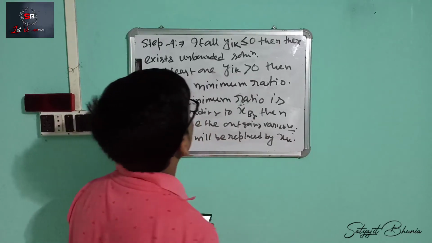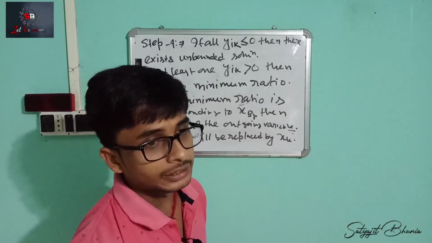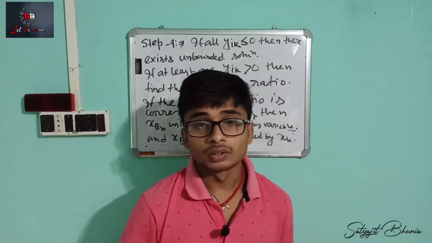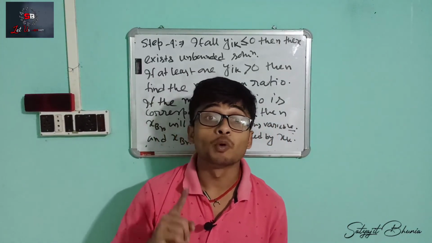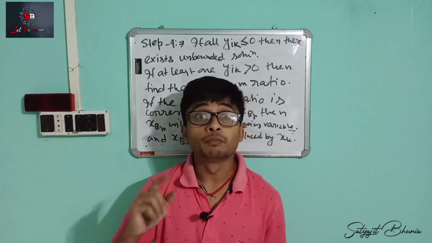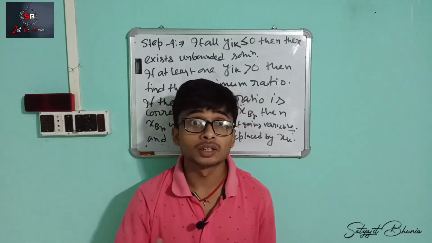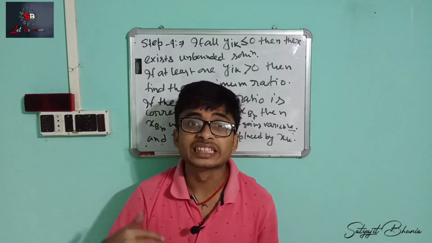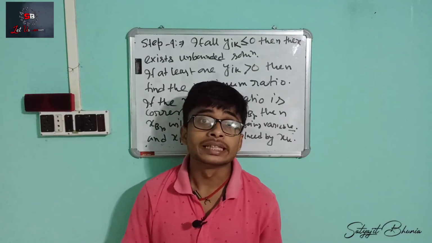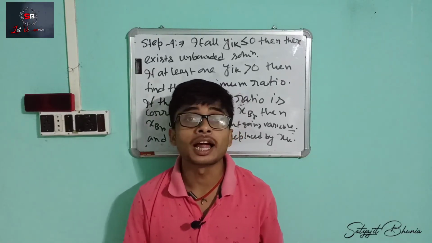Okay, so in this method we will check all the elements of yk cap. If all the elements of yk cap are less than or equal to 0, then we will say that there exists an unbounded solution.